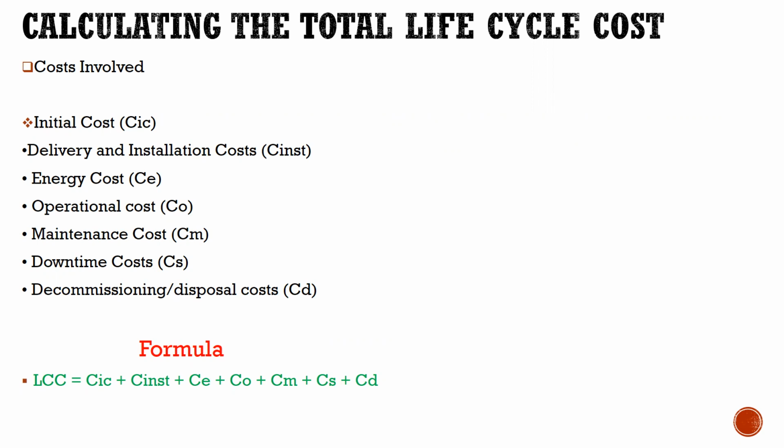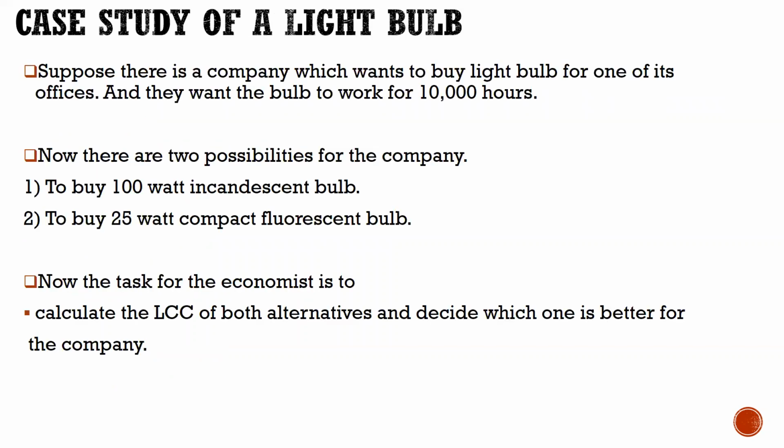The costs involved must be added together to give you the life cycle cost of a product. For example, if you want to find the life cycle cost of a product, you must add all the initial costs, the delivery and installation cost, energy cost, operational cost, maintenance cost, downtime cost, plus the commissioning cost. Finally, you find the life cycle cost of any product you want to analyze.